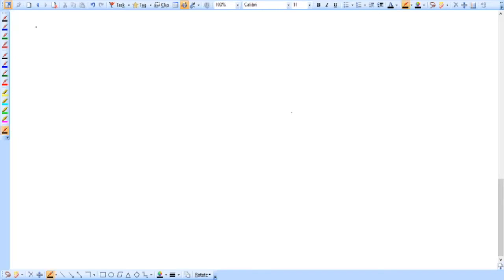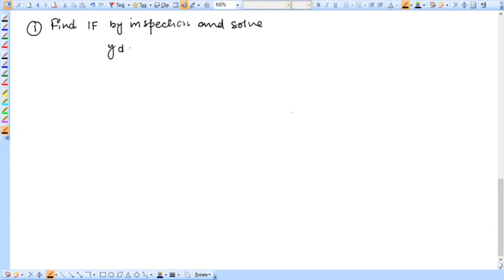Okay, so the first problem is: find the integrating factor by inspection and solve y dx minus x dy plus log x dx equal to 0.